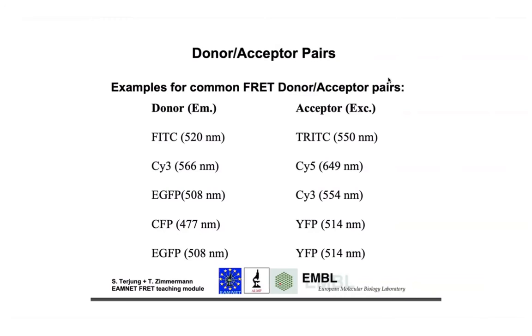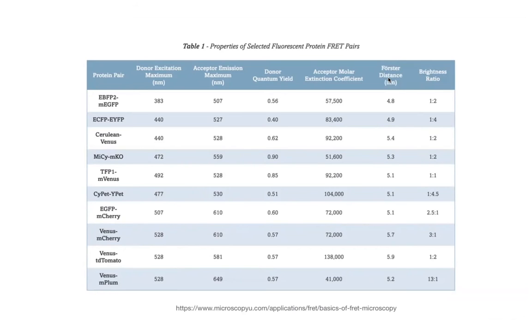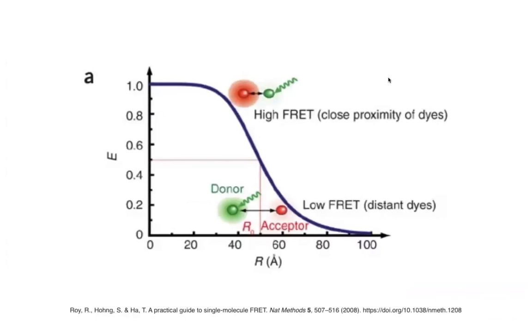But you want to see something where, say, we give off light at 520 and this one absorbs light at 550, so the emission from the first one is going to excite the second one. There are a lot of options with a lot of really fun names, and often instead of trying to remember which one goes with which, you just look at a table and see which ones normally go together.